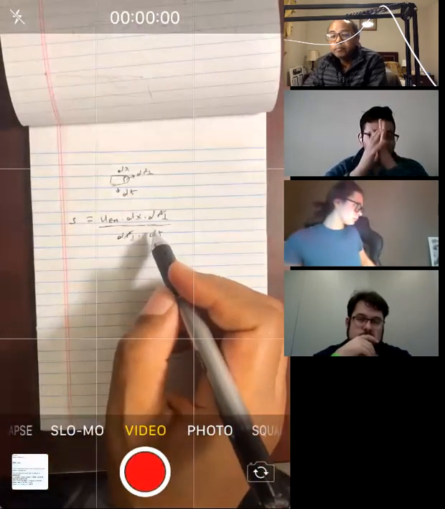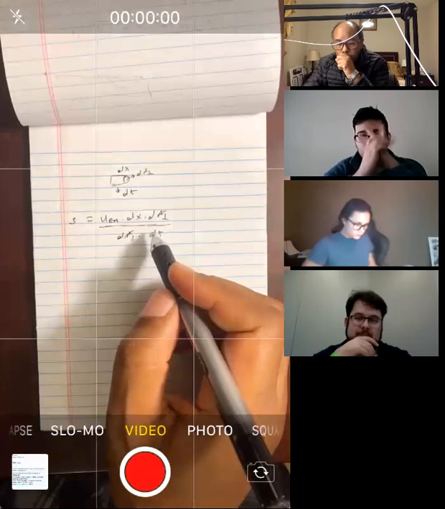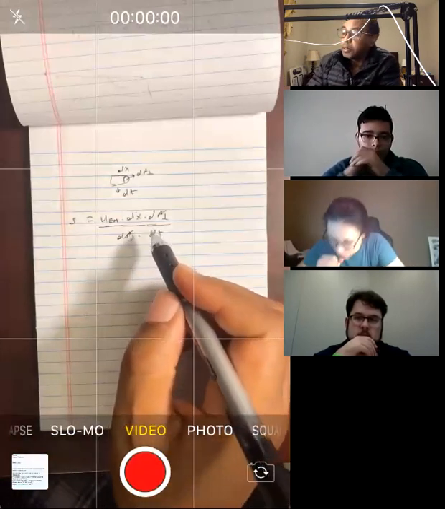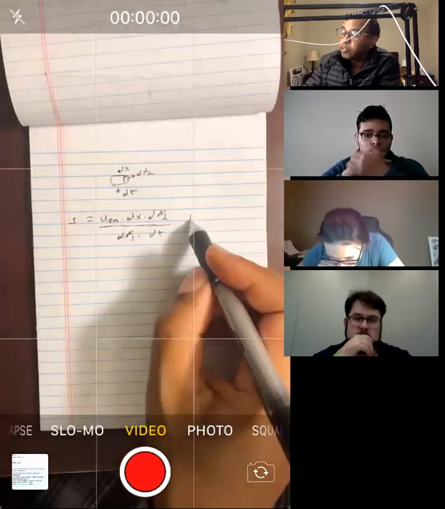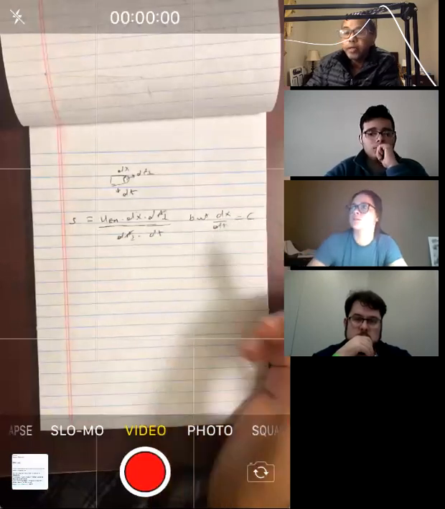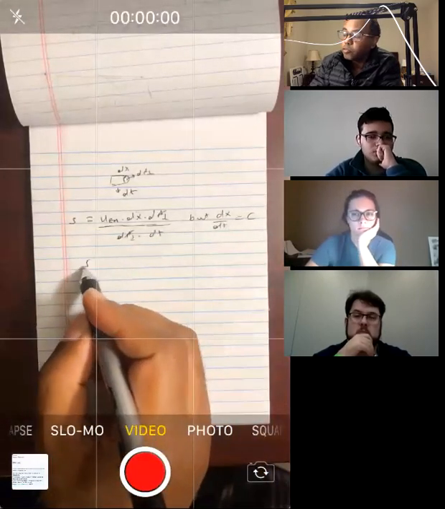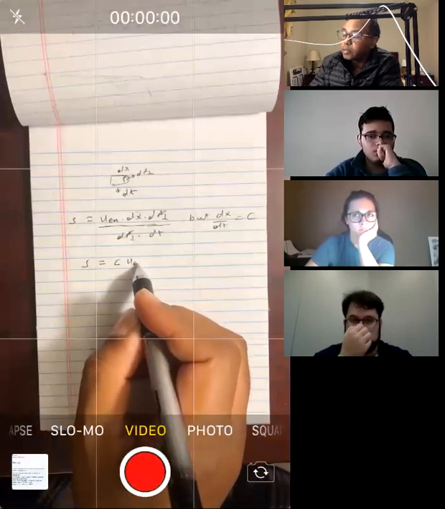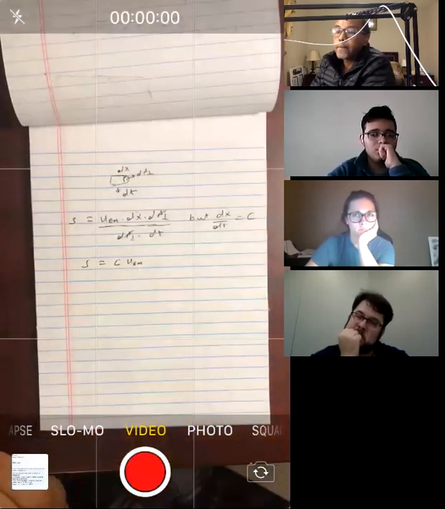What is dx by dt? The rate of change of position with time is velocity, speed. But this is an electromagnetic wave, so dx by dt is c, speed of light, right? So we have the following formula. The magnitude of S is simply speed of light times the electromagnetic energy density.